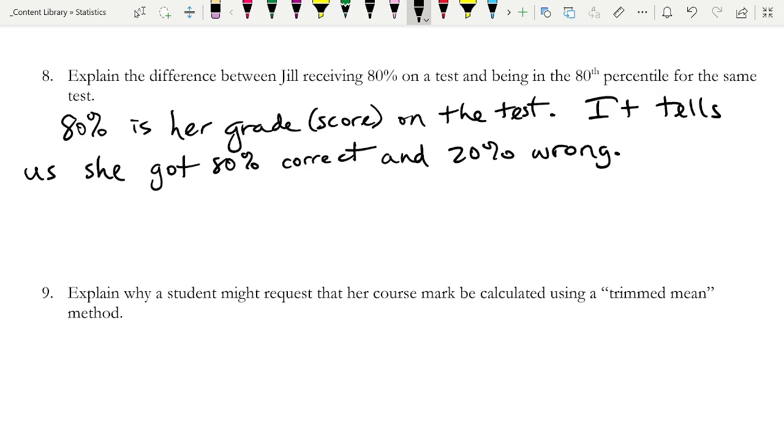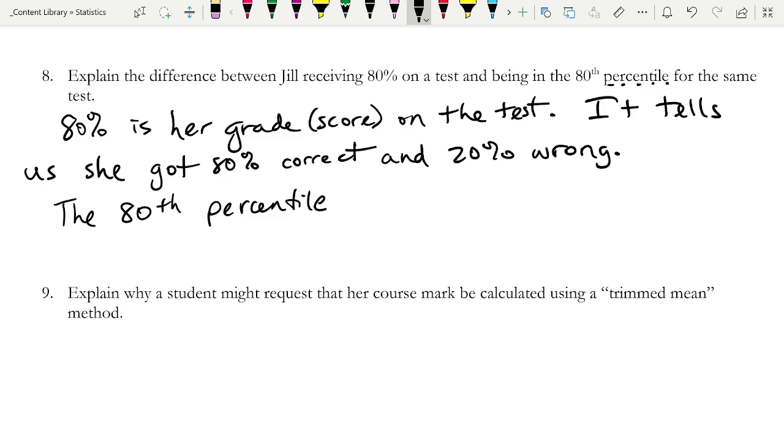What does her percentile tell us? The 80th percentile. Notice this is not a percentile rank, so that means there may be people who tied her.